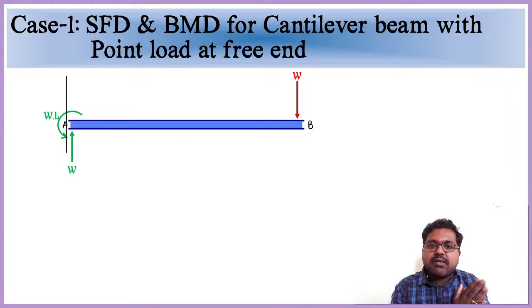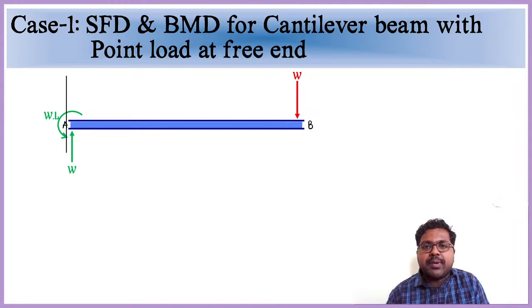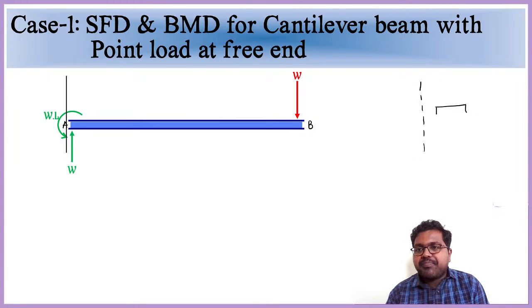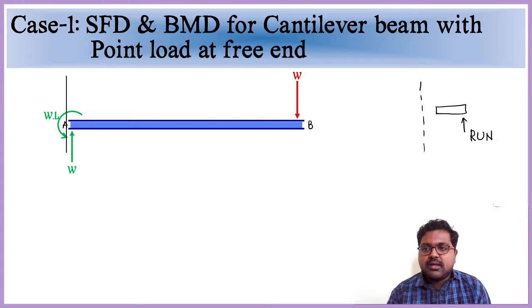So when we consider the right hand side, we need to take the sign conventions for shear force and bending moment which we assumed in our previous class. That is, if a shear force on the right side is acting upwards, I will take this simple assumption, that is RUN, right upward negative.